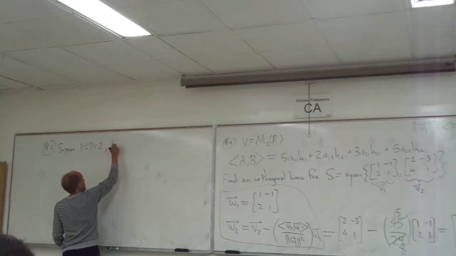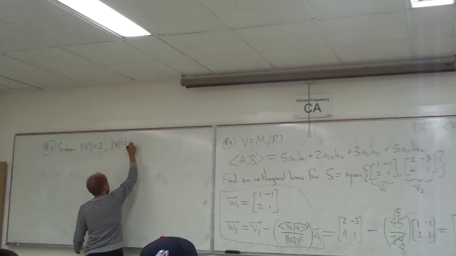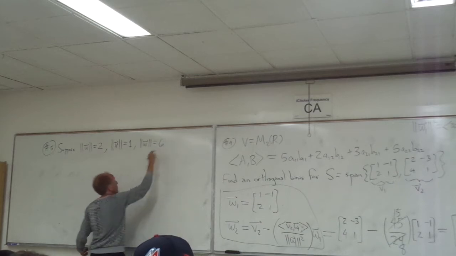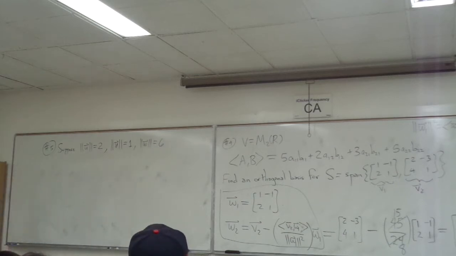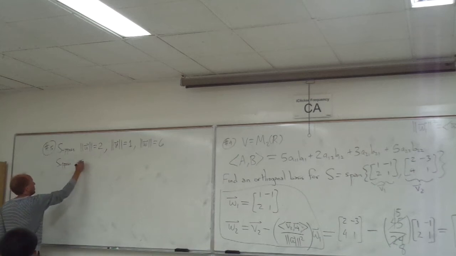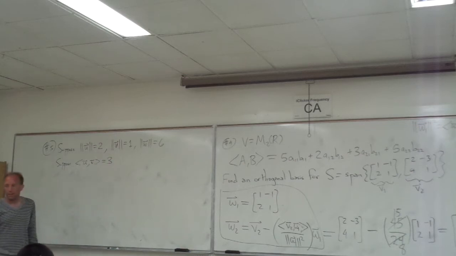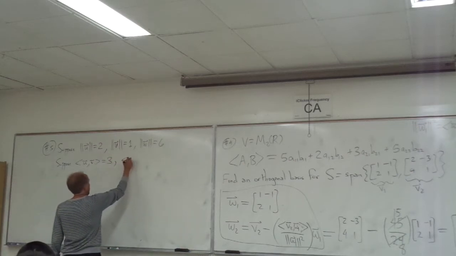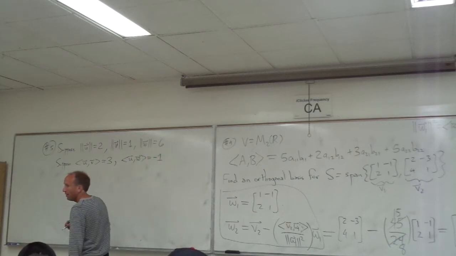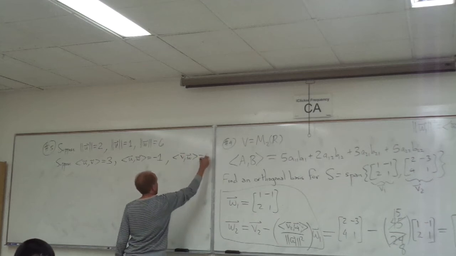The norm of V is equal to 1. And the norm of W is equal to 6. And suppose that the inner product of U with V is equal to 3. I'm making this up right now. The inner product of U with W is -1. And the inner product of V with W, let's just say that is equal to 0.